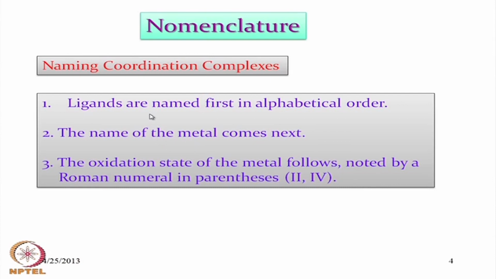So, once the ligands are named one after another, we go for naming the metal ion, and then we write down the oxidation state of the metal ion, which is given by the corresponding Roman numeral in brackets.